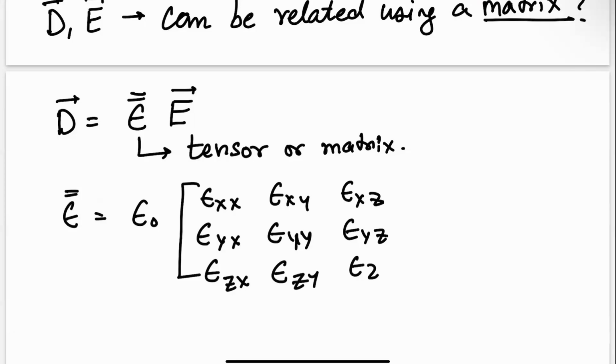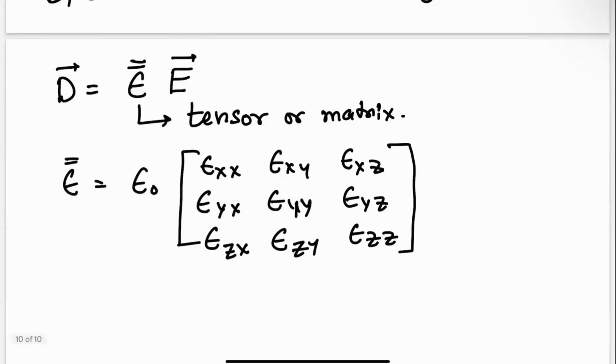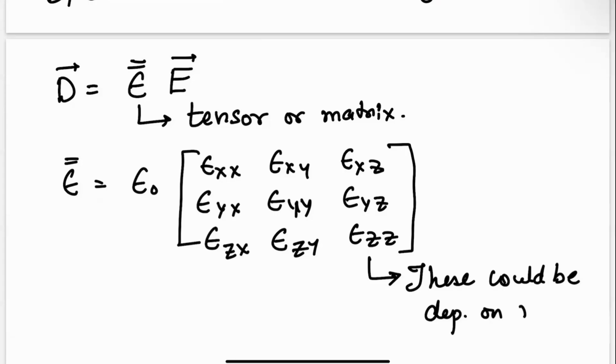Suppose in general, if it's not only anisotropic but also inhomogeneous, then these can be position dependent, right?